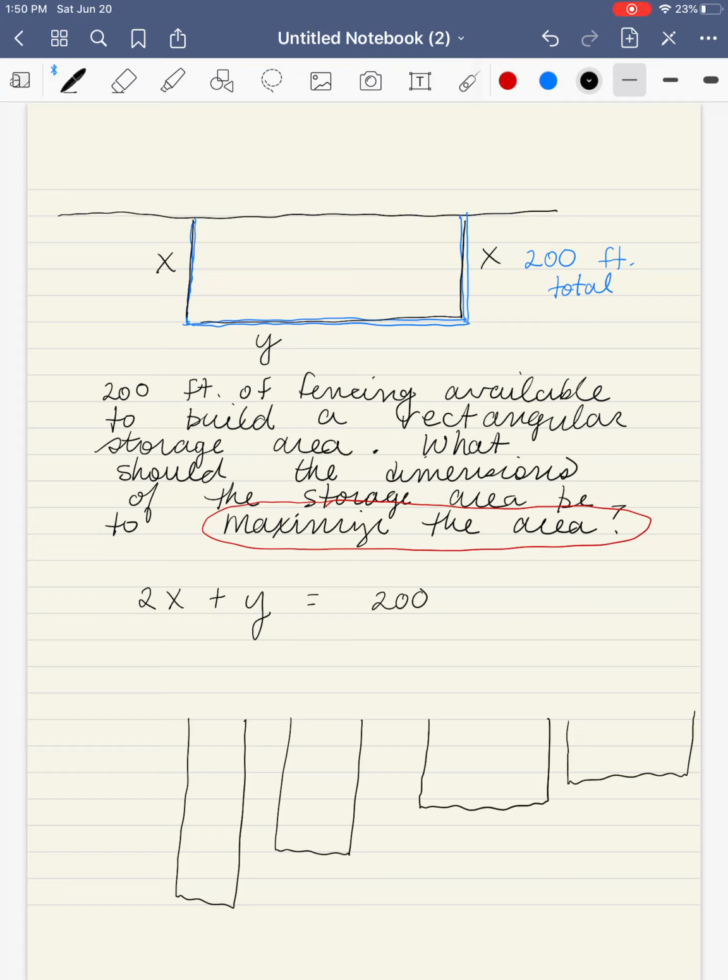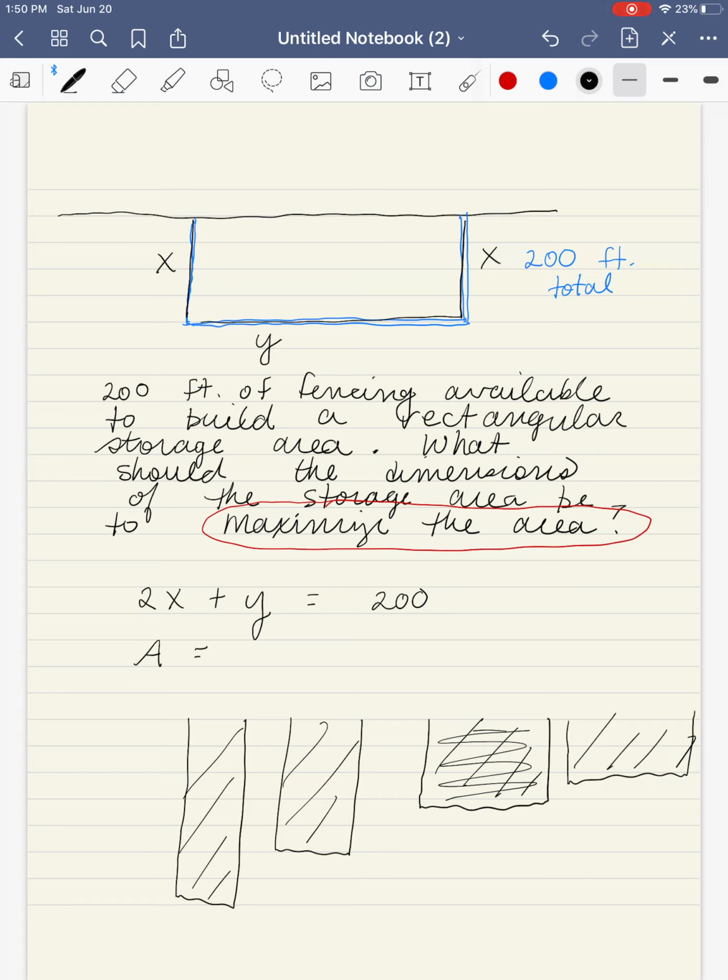If you use a little bit of imagination here, you could see that the length around here would all be 200 feet, but the area inside is going to change depending upon how you build the fence. So what we're trying to do is find the largest possible area within.